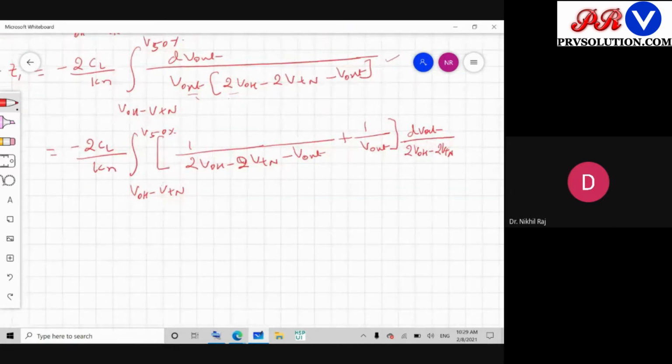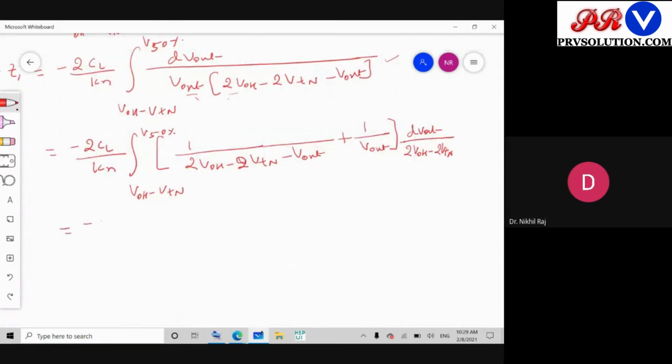Now it looks somewhat simple. It is a logarithmic function, so we'll put here minus 2 Cl by Kn. Now this is a constant factor, so here I will put 2 VOH minus 2 VTN. And then integration of both the terms. Integration of dV out will give you a logarithmic, and this will also be a log function.